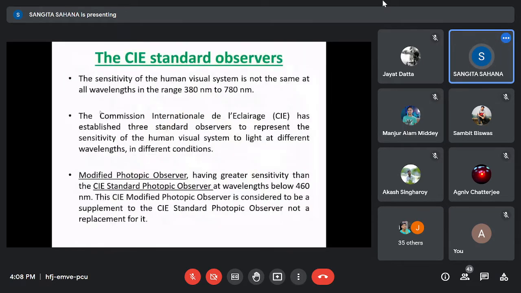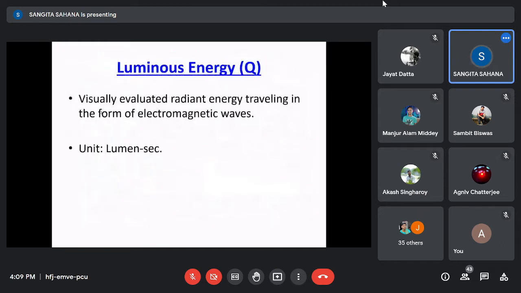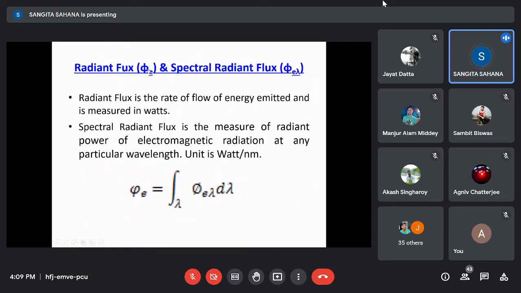The input we call electrical power, the output we call radiant flux, or phi e. And spectral radiant flux is phi e at each wavelength, phi e lambda. So the input is electrical power in watt, the output is also in watt, and spectral radiant flux is in watt per nanometer, for each wavelength.